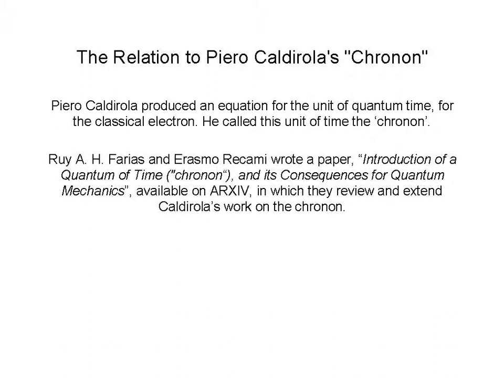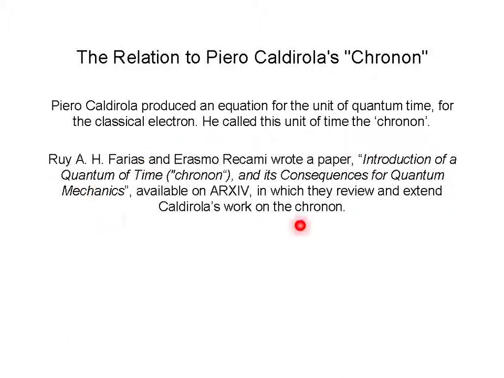Now we're going to look at the relation of our SEQ absorption time to Piero Caldirola's chronon. Piero Caldirola produced an equation for the unit of quantum time for the classical electron. He called this unit of time the chronon.